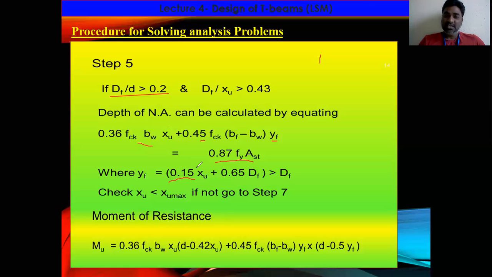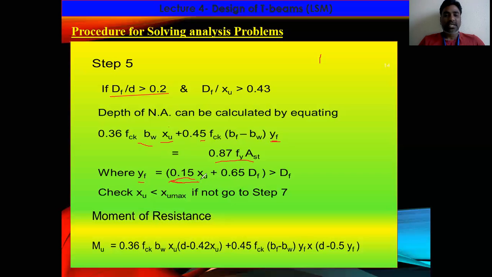And see here, one thing you can observe: XU is unknown and YF is also unknown. Two unknowns, right? But from the YF equation, you just substitute it into this equation, therefore the only unknown is XU.